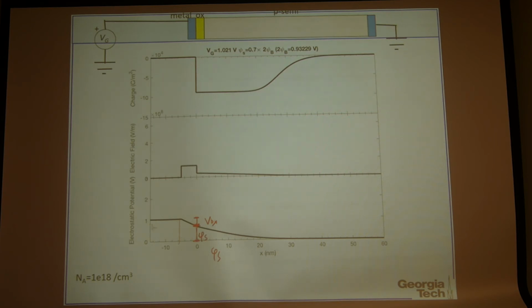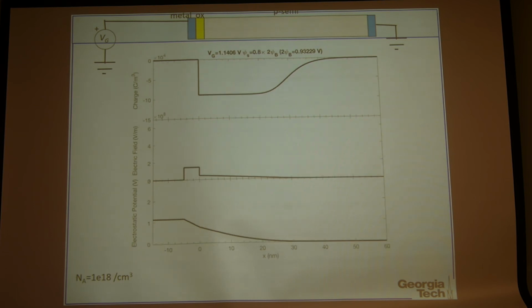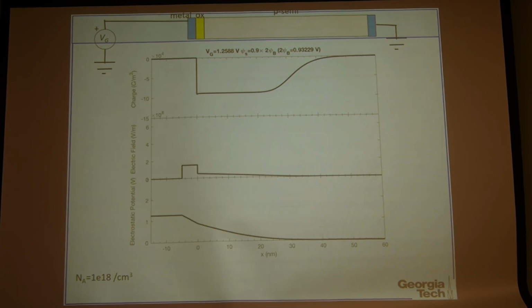So you have this gate voltage; in total, you apply like this 1 volt, and part of that drops across this oxide, and the other part drops across the silicon as phi s. So now here the phi s reached 0.7 of 2 phi b. Still not threshold yet. So this is 0.8 of 2 phi b, 0.9 of 2 phi b.